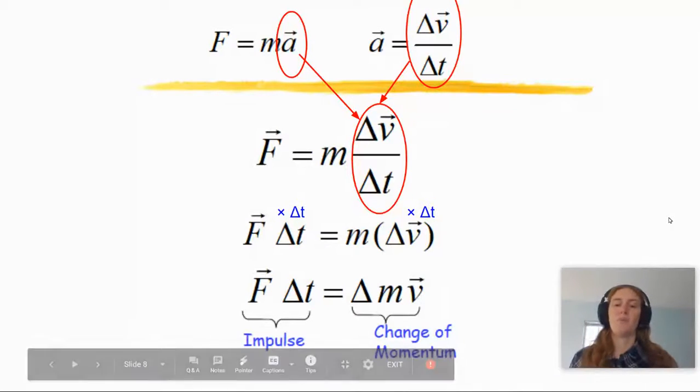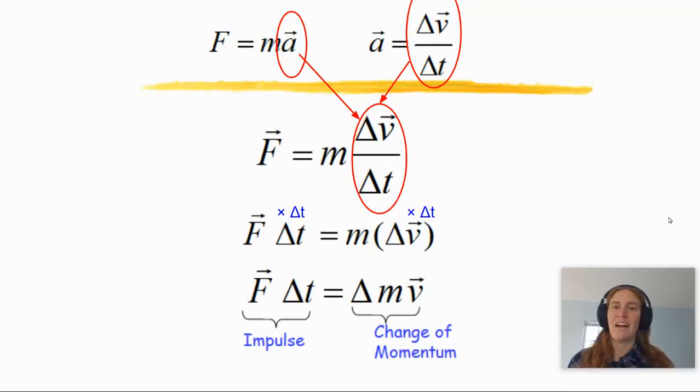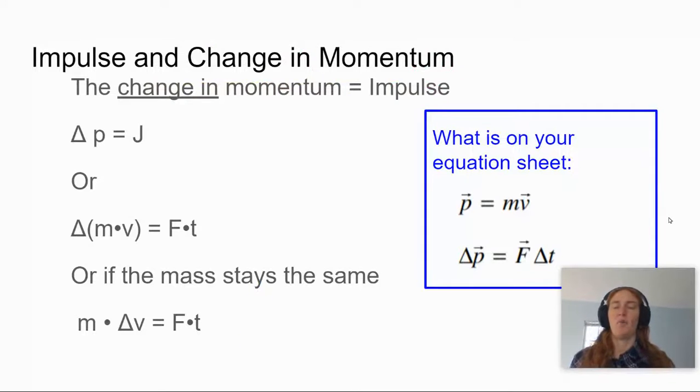Now, the most important thing here that I need to emphasize is that it is the change in momentum. It is not the actual momentum. Impulse being equal to your change in momentum is important because when you are thinking about, let's say you're on the freeway, you're already driving 65 miles per hour, and you want to get going a little bit faster, you don't have to apply a really ginormous force to speed up to 70 miles per hour.